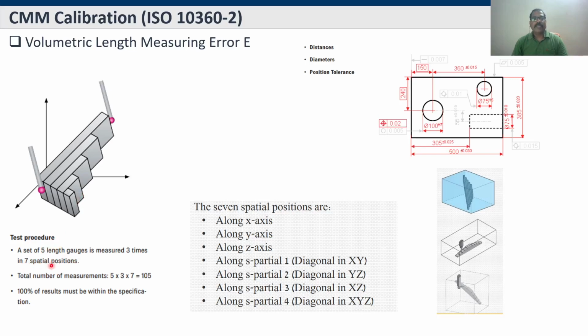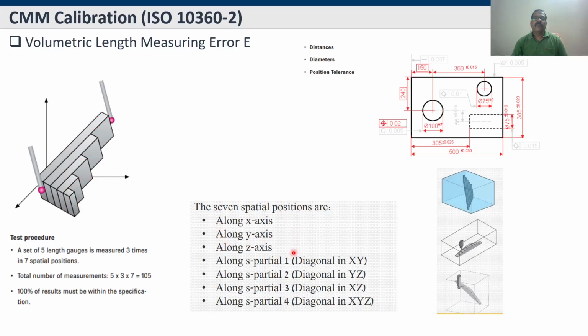What are all the 7 spatial positions? Along the x-axis, along the y-axis, along the z-axis, along the partial diagonal in xy, in yz, in xz, and in xyz. With these 7 positions, 3 times with the 5 length gauges, we have to do the measurement.